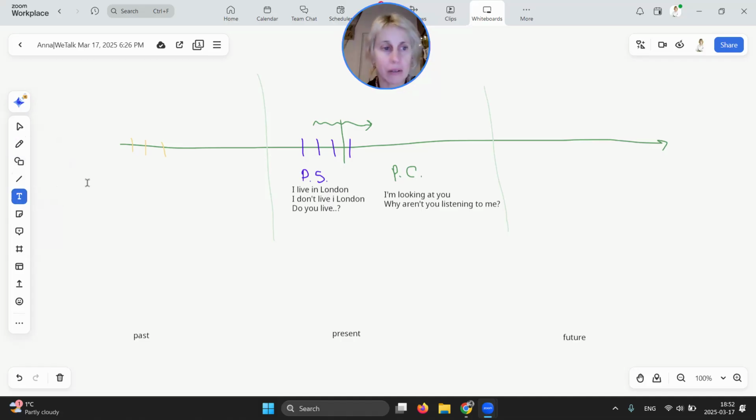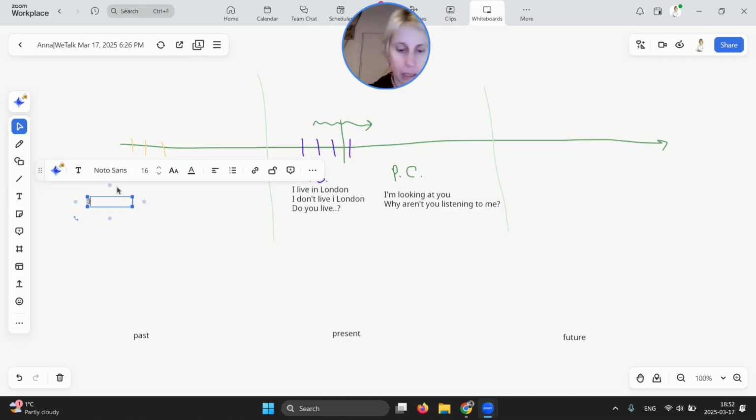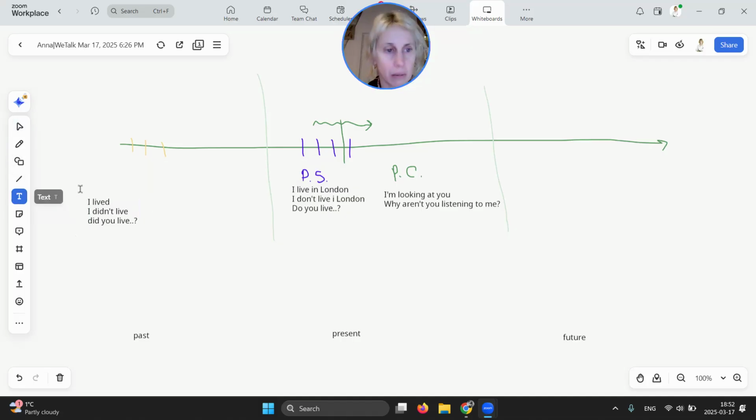To compare, it will be I lived in London or whatever. Negative, I didn't live. And did you live somewhere? And this tense is called past simple.